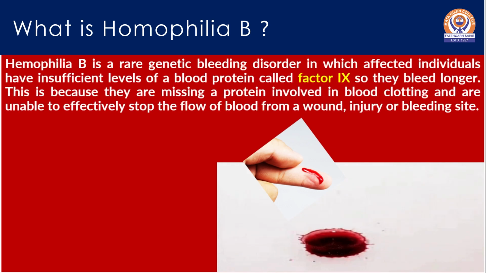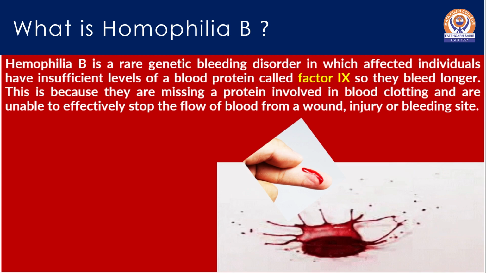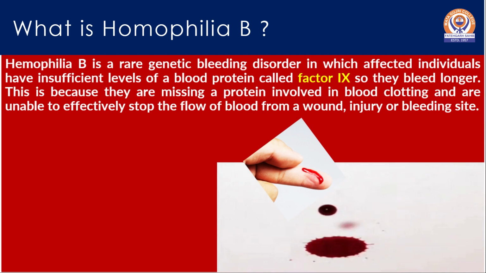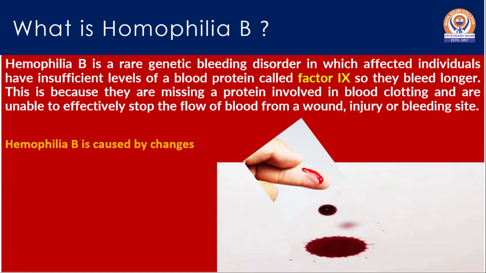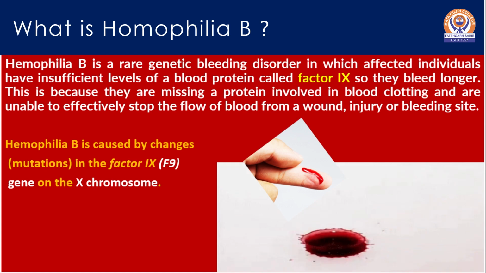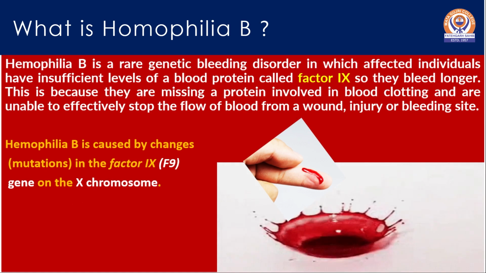Hemophilia B is a rare genetic bleeding disorder in which the affected individuals have insufficient levels of blood protein factor 9, which is coded by gene F9 present on the X chromosome.